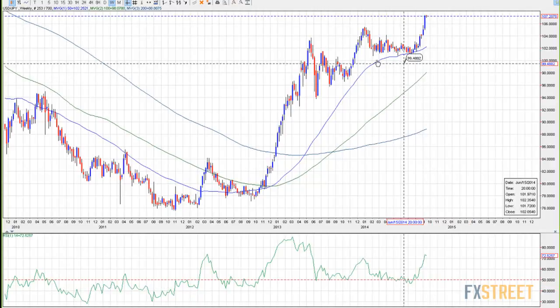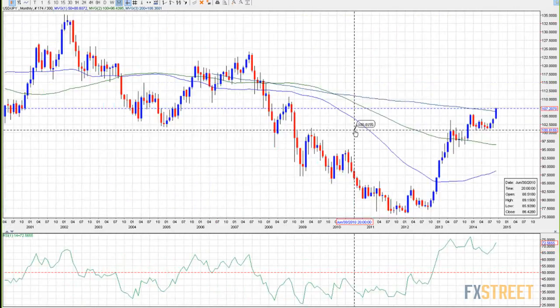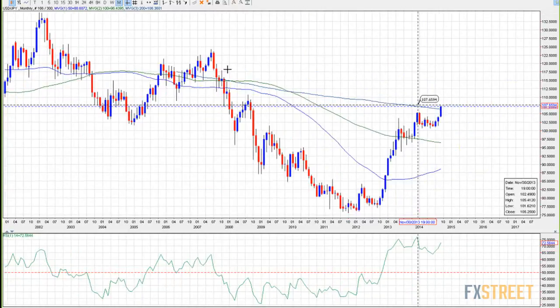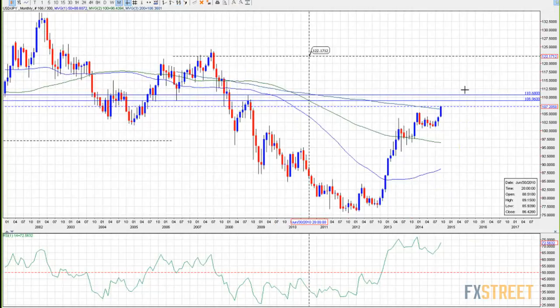If we look at the monthly chart, we see it cross above the 200-month simple moving average. In the short term, the next key resistance could be around 108.90 to 109, which is the support and the 2006 low.